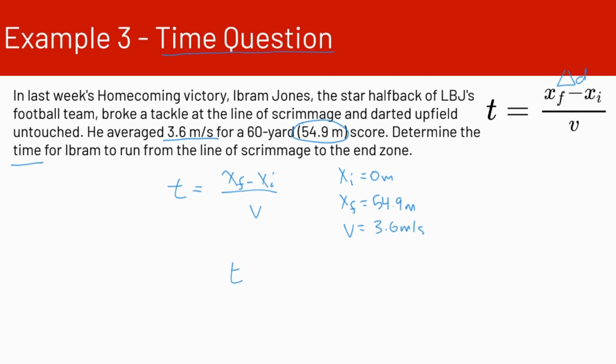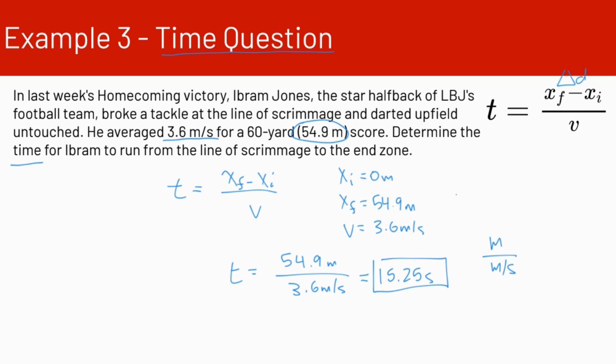So we'll just plug all this into our formula here. 54.9 minus 0 is 54.9 meters divided by 3.6 meters per second, which gives us a total of 15.25 seconds.